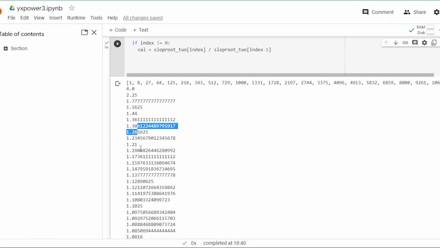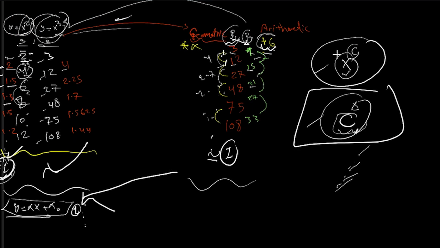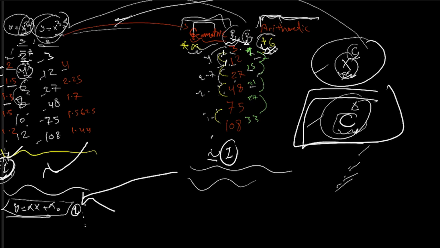So you see, we are converging towards the value of 1. Just now we have discovered a pattern for the case where the base is indeterminate but the power is constant, like power of 2 only, power of 3 only, but the base is changeable. Let's now move to the second stage of this idea. All right, see you then.